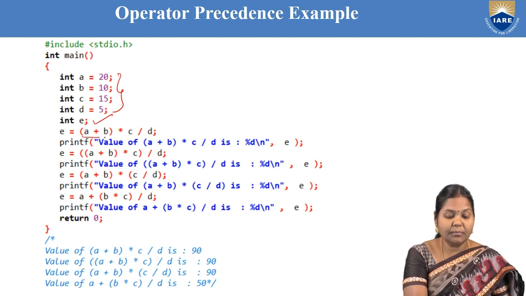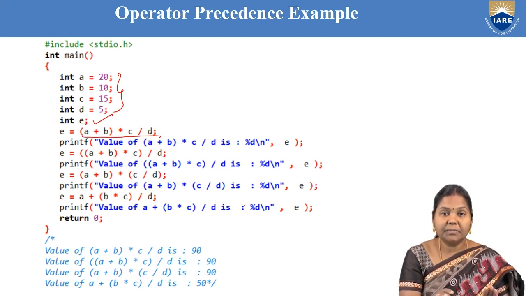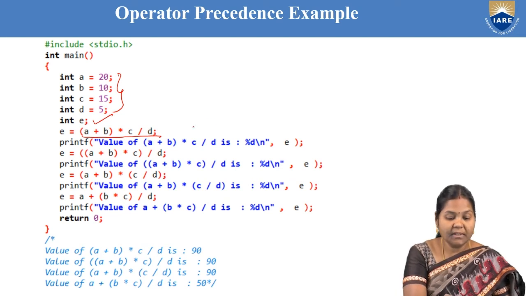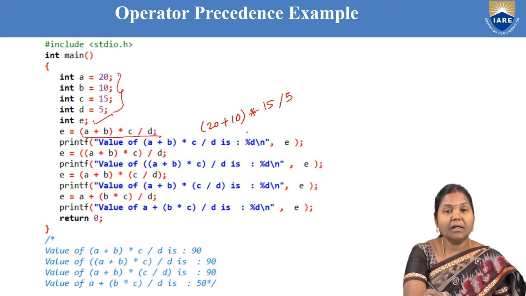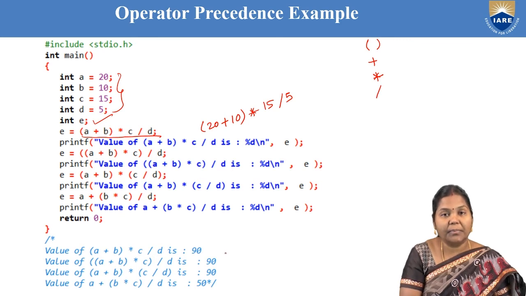In the first example, A plus B is within the parenthesis, multiplied by C divided by D. So you write A is 20 plus B is 10, multiplied by C is 15, divided by D is 5. What are the operators available? First is the parenthesis, second is the plus operator, third are star (multiplication) and division. These are the operators available.